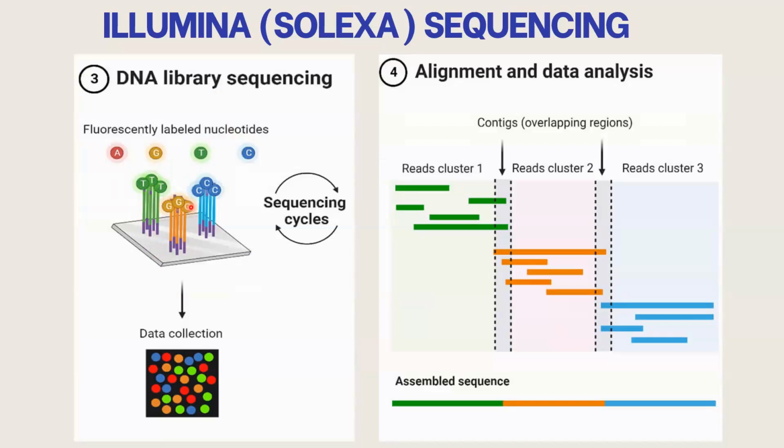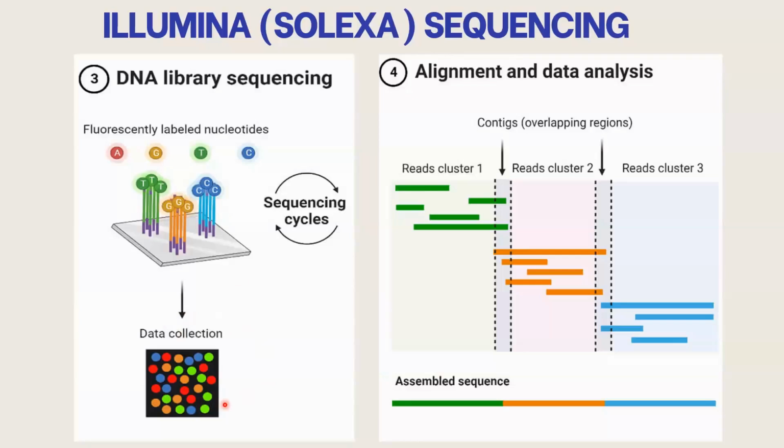So it prevents the addition of another dNTP after it. Basically, they are fluorescently labeled nucleotides, and each has a color that signifies which nucleotide. For example, here the C is blue, T is green, and then this is the data collection, and this is what the flow cell looks like.